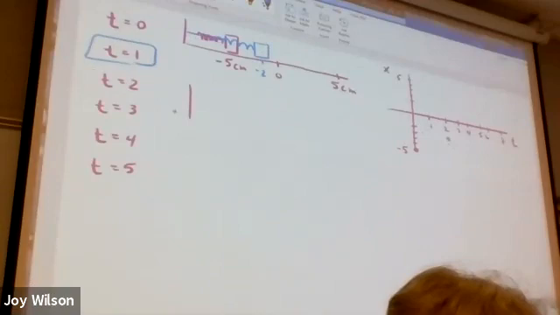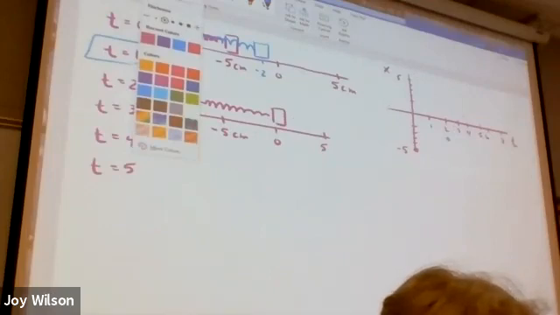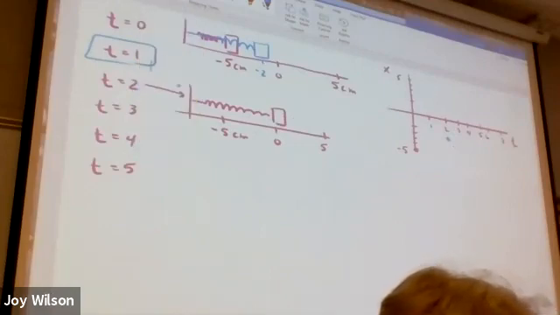So for -5 centimeters, 0. So now we're here. T equals 2. Now here's +5. So then we are at 3, 4, see. Whoops. So we're at time equals 2 seconds.